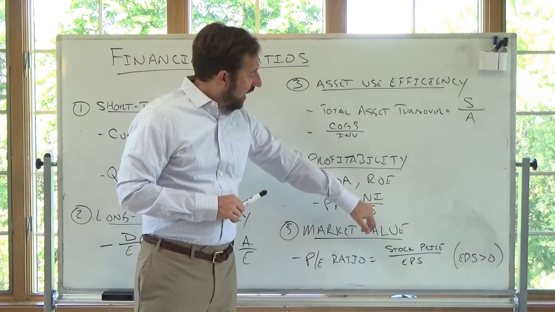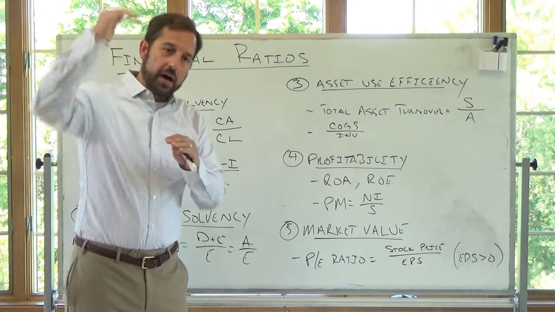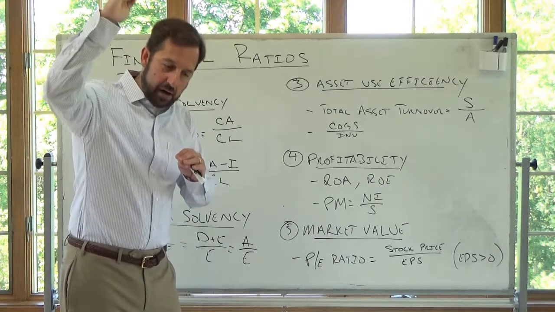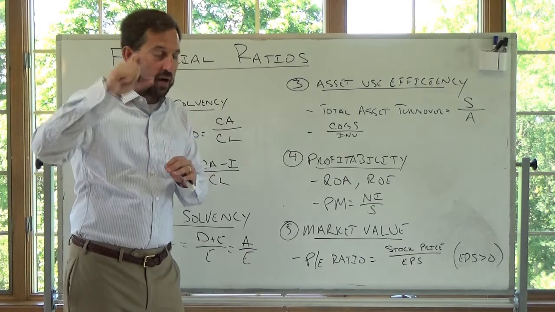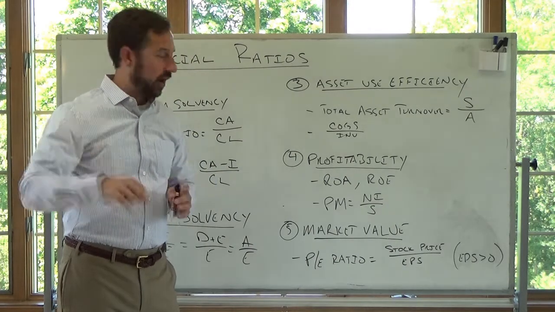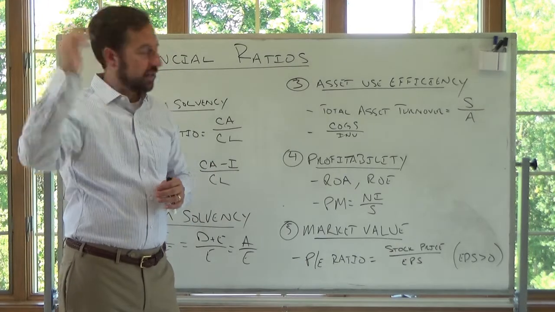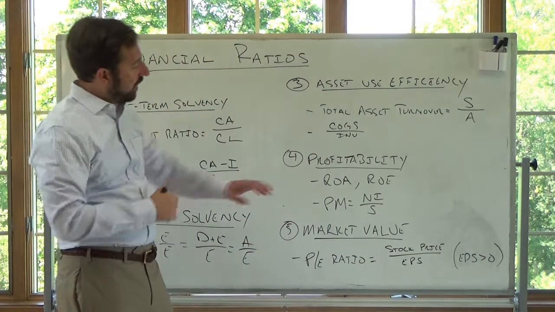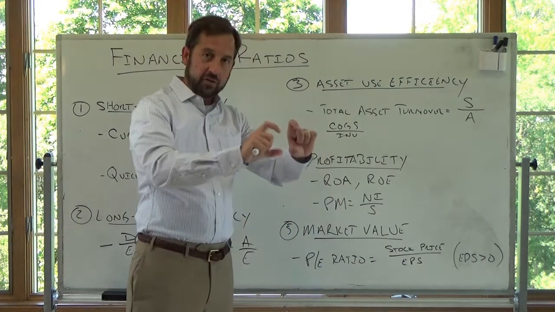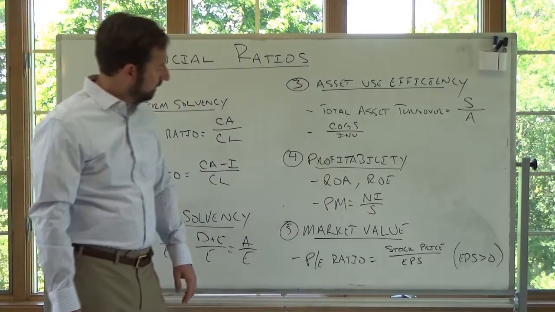So if you have a profit margin of 10%, that means for every dollar in sales, 10 cents of that makes it to the bottom line. 10 cents of that dollar makes it to shareholders, right? Whereas 90 cents is eaten up by costs and interest and taxes and so forth. So the idea here is for every dollar in sales, how much is it going to make it to the bottom line to shareholders? So this is an important measure.